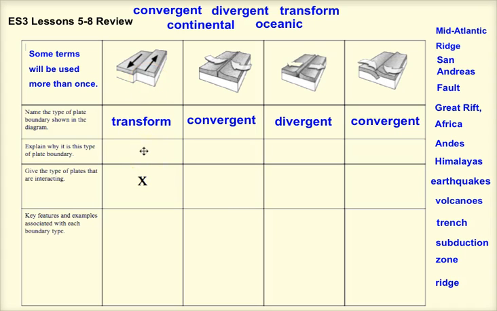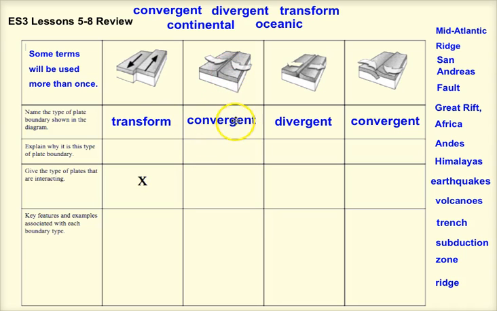Now in the test, some of you just said the plates slide, and that came from the video that we watched. You're right, they do slide, but all of these slide. It's just these slide past each other. So you'd have to say they slide past each other. If you just said that they slide, it's not enough, because they all slide. But if you said they slide past each other, you're doing a good job and you got it right.